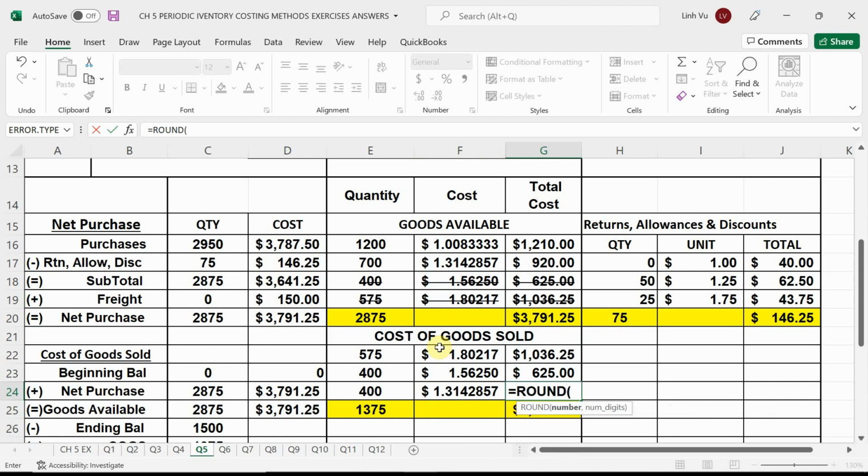How much is that going to cost me? $525.71.